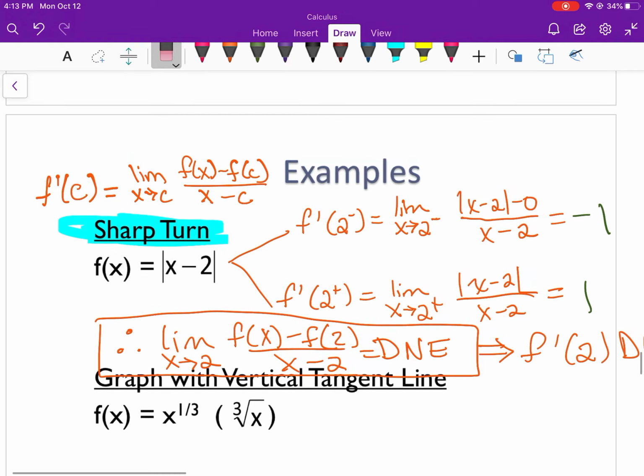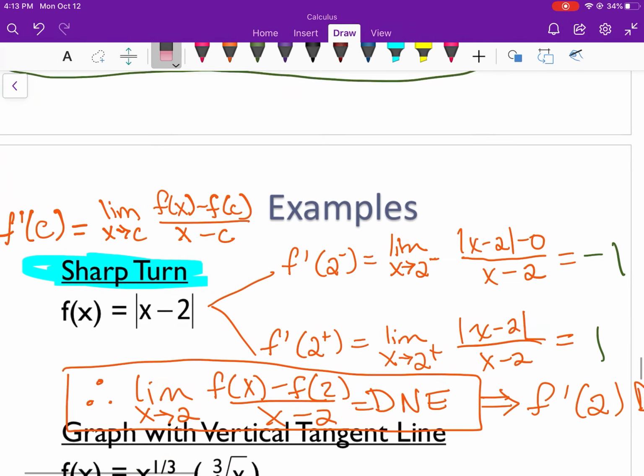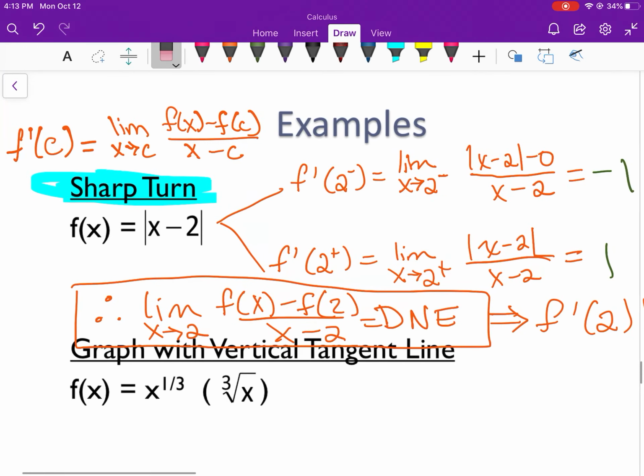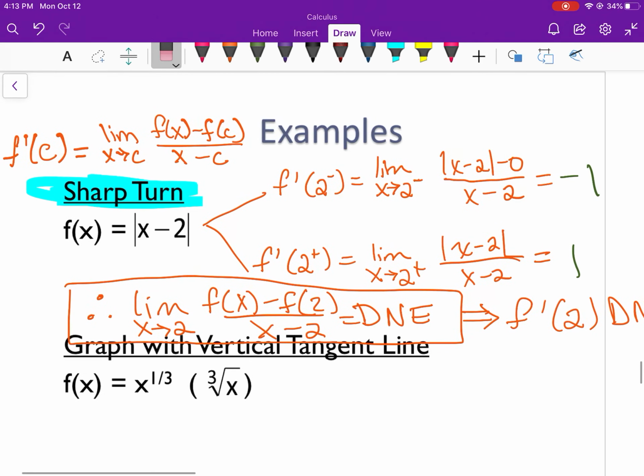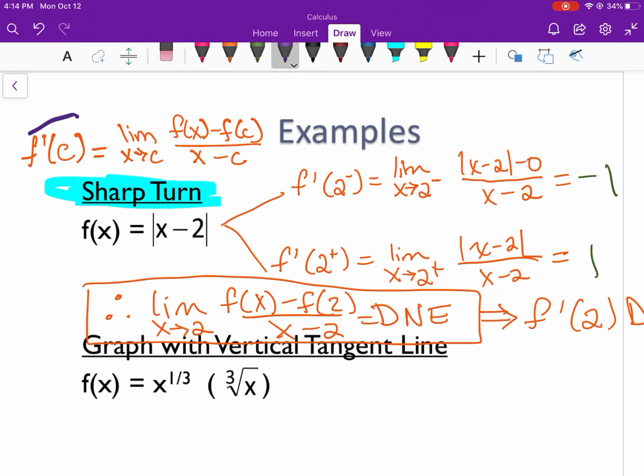We started off with examples of this, and the first one we got through today, and these are just the notes from sixth hour. We didn't get as far. We just looked at the sharp turn problem. With the sharp turn, you're going to want to go ahead and find this right here.